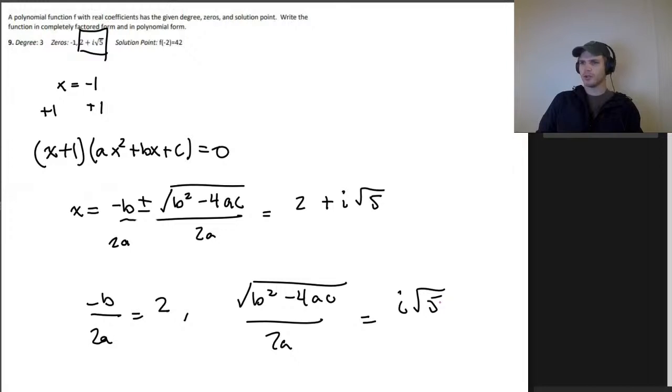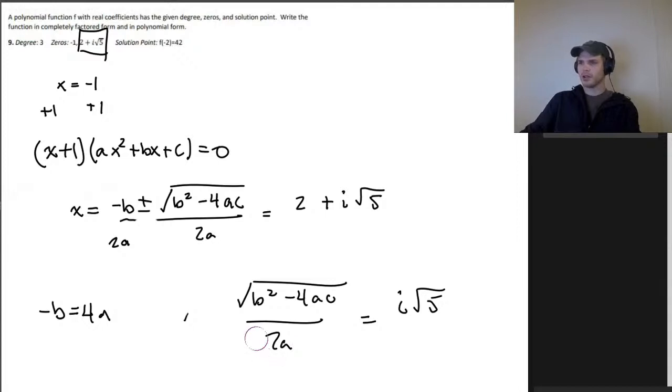We're going to need to use the solution point also at some point. From this equation, if I multiply both sides by 2a, I get negative b equals 4a. Actually, I can get everything in terms of b, I think. We still have that c kicking around, but we can deal with that.